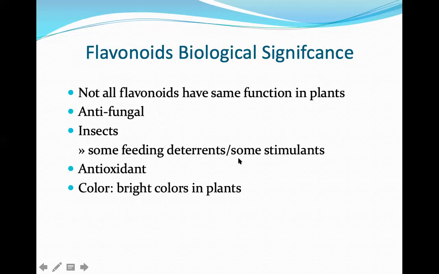Some are feeding deterrents and some are insect feeding stimulants. Antioxidant activity I discussed in detail yesterday. This is why dietary flavonoids are very good for health. And the bright colors in the petals of flowers, fruits, and other plant organs are basically flavonoidal compounds, and they are useful in the dyeing industry.